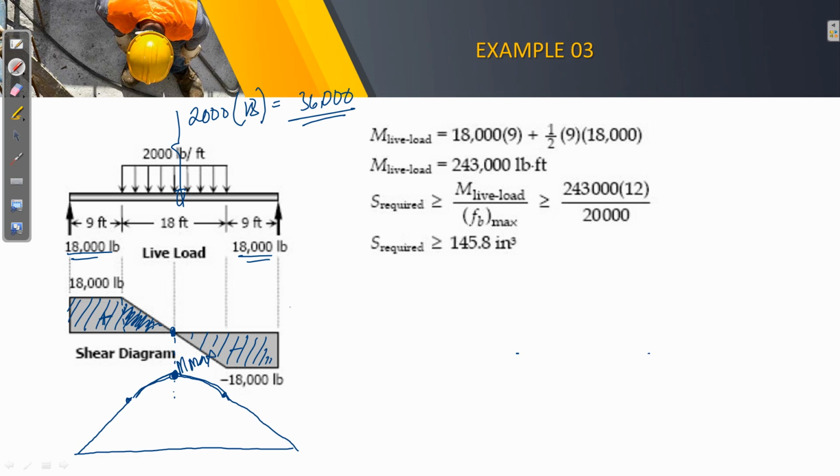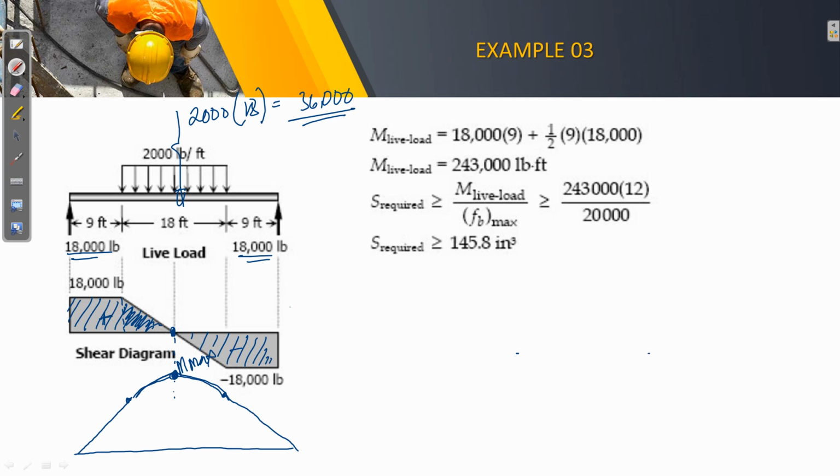And then again, you check S required. Okay. We compute for the S required. So 243 will be multiplied by 12 to make it in inches, because 20,000 is ksi, or pounds per square inches.